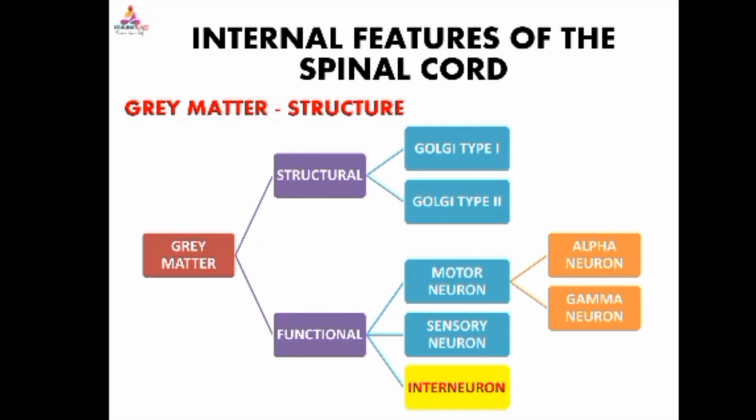These are small neurons present throughout the gray matter of the spinal cord. They connect different types of neurons, hence are also called association neurons. These are either inhibitory or excitatory and are concerned with integration of segmental activities.